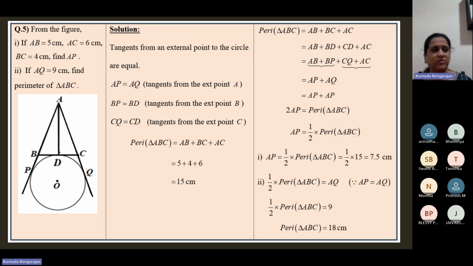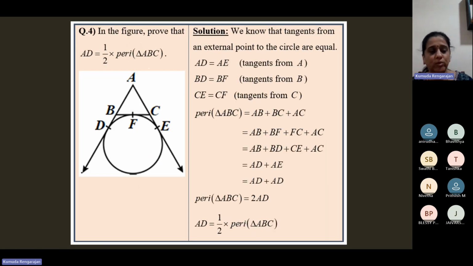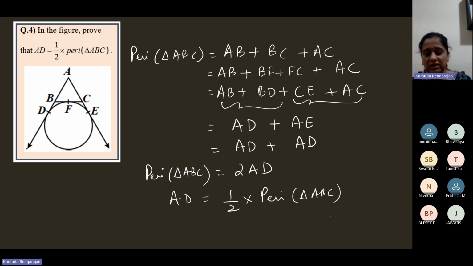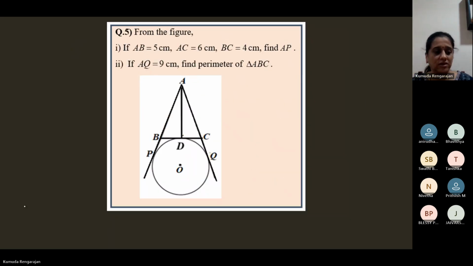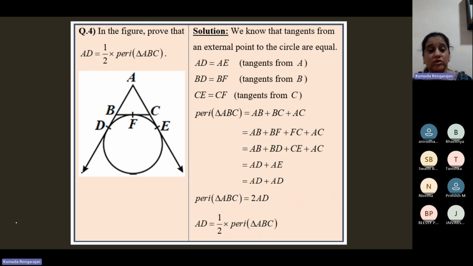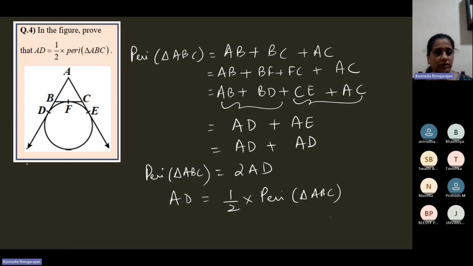Here it is numerical. This one, you have to prove the result. For MCQs, you'll have to remember this result, children. In a figure like this, tangent AD or AE is equal to half the perimeter of triangle ABC. Have this figure in your mind. AD and AE are two tangents from the external point A, so AD or AE will be equal to half the perimeter of triangle ABC. This result you should remember.